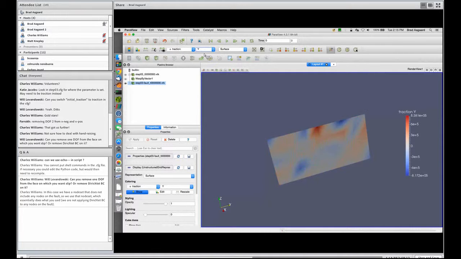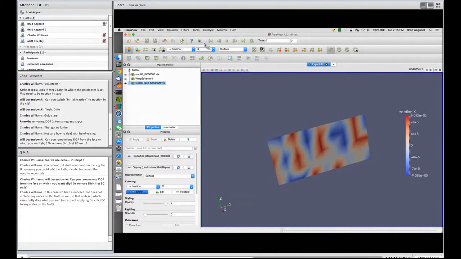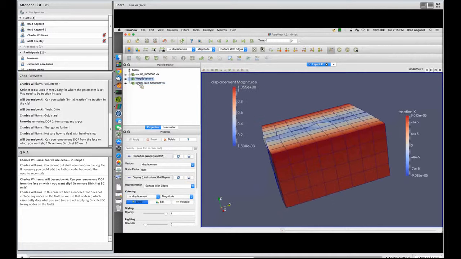That one is a little non-uniform. Normal traction. So our shear traction has positive and negative oscillations in it. So that's a very bad sign when we look at our warped image.